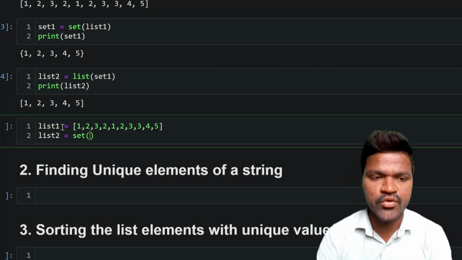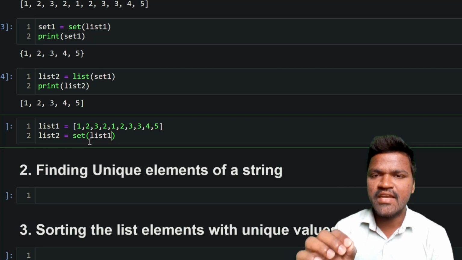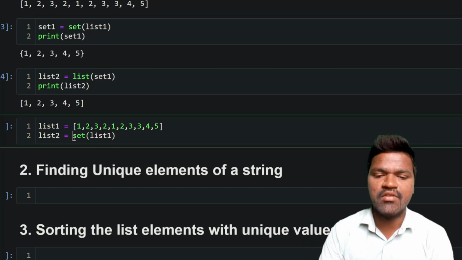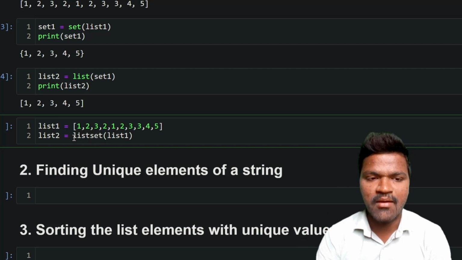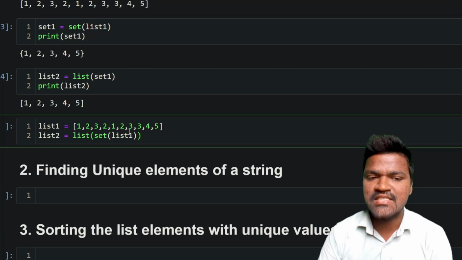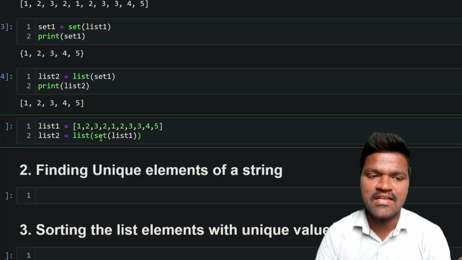So that is what I will be doing. Set of list1. I am passing this list1 to set. Now we can get a set with all the unique elements, right? Now I am passing this resulting set, after typecasting list1 to set, and again I am typecasting that resulting set to a list. So finally we can get a list, right?